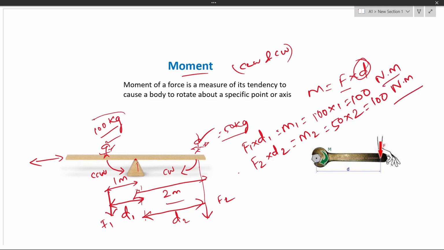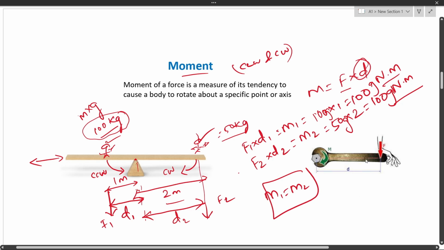See, that 100 is mass, so for force we have to include gravity, so it's 100g, 50g, here 100g. g is nothing but the acceleration due to gravity, the value 9.81. So here you see that M1 equals M2, that's why that seesaw remains in equilibrium.